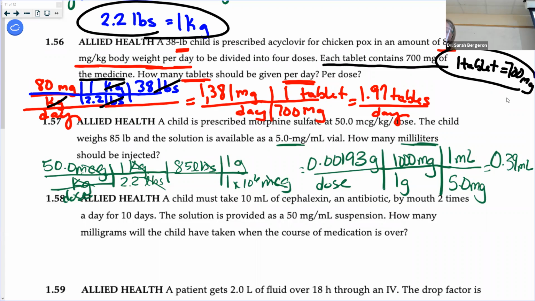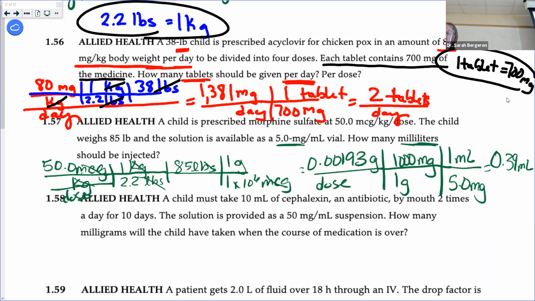So really that should be 2 tablets per day. And that makes sense, right? Would you prescribe to a child 1.97 tablets per day? No, you wouldn't do that, right? So for significant figures, when you multiply and divide, it's your least, and when you add and subtract, it's the least number past the decimal point.